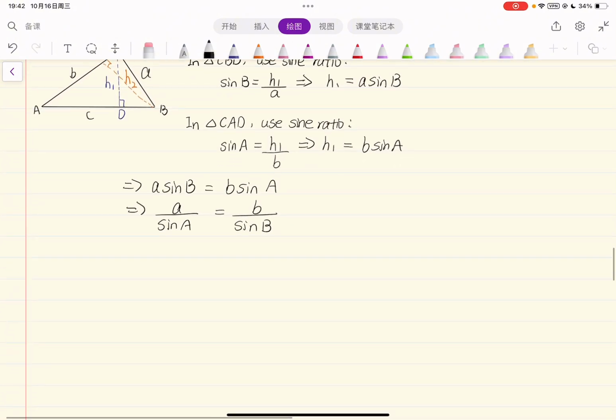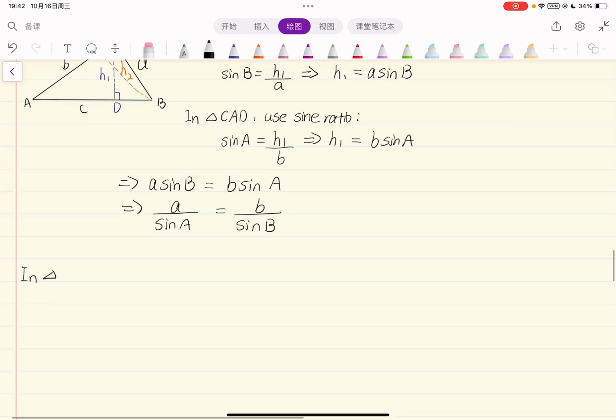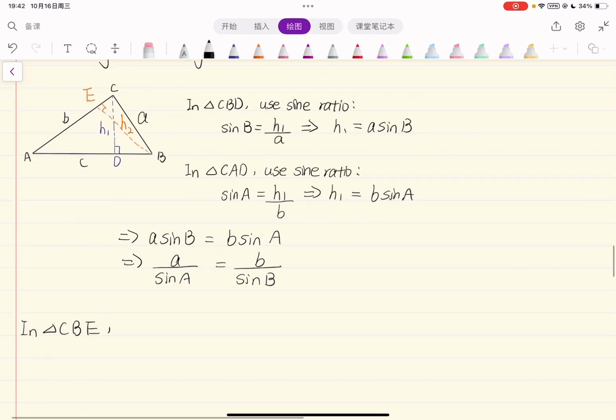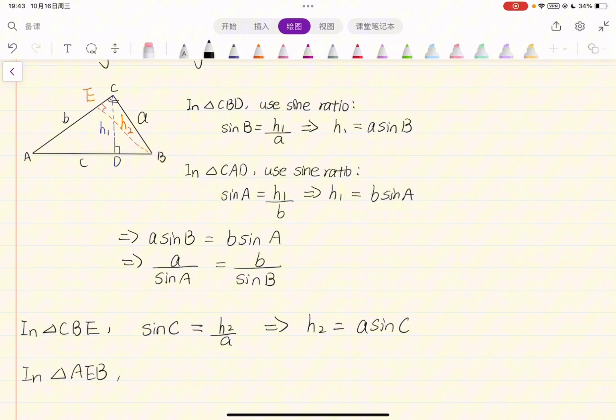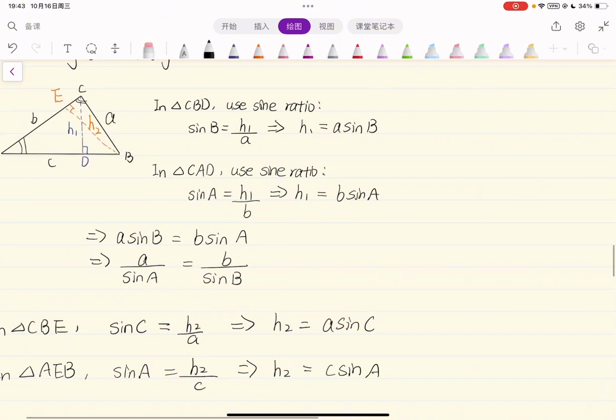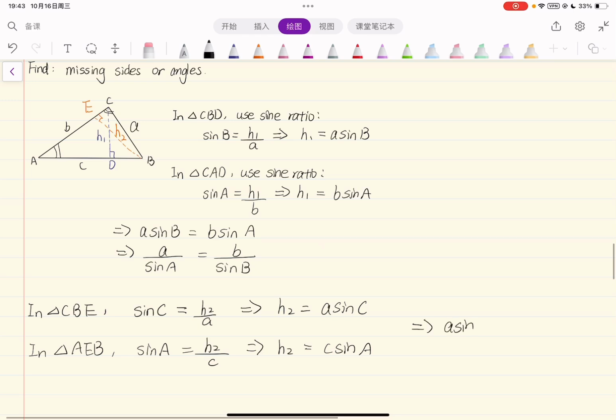In triangle CBE, we have sine C equals to H2 over A, implies that H2 equals to A times sine C. And in triangle AEB, sine A equals to H2 over C, implies that H2 equals to C times sine A. So that we have A sine C equals to C sine A. What we have?